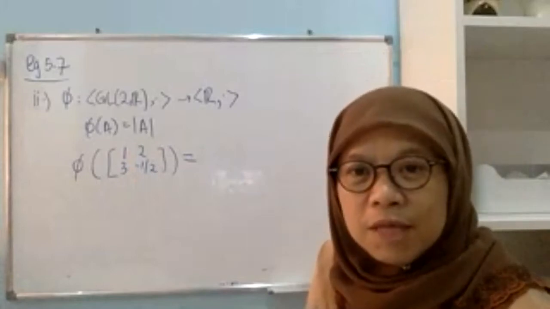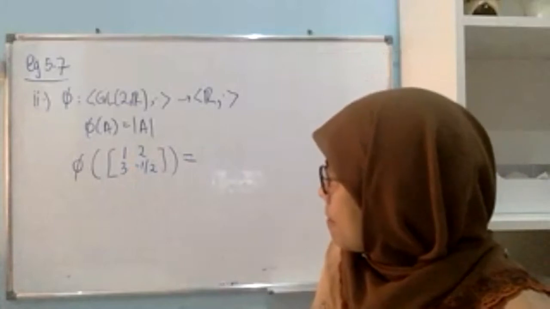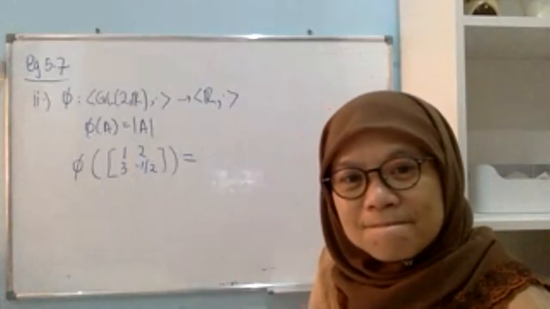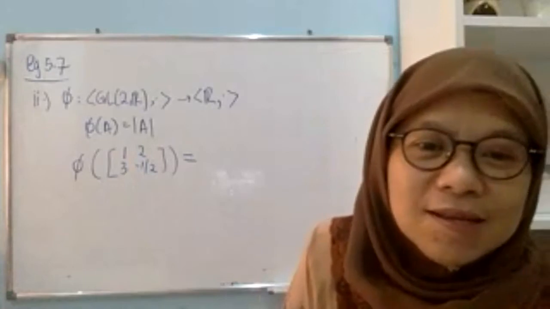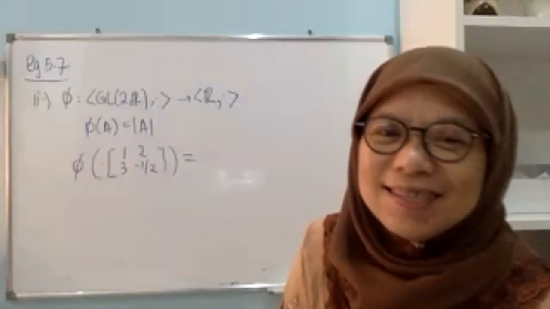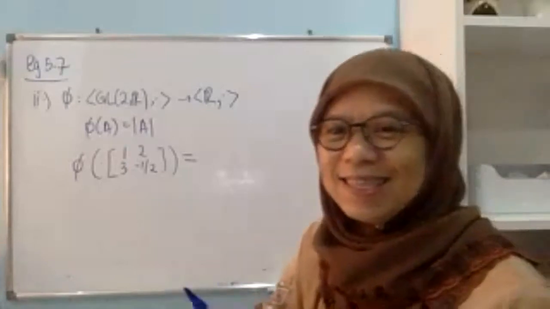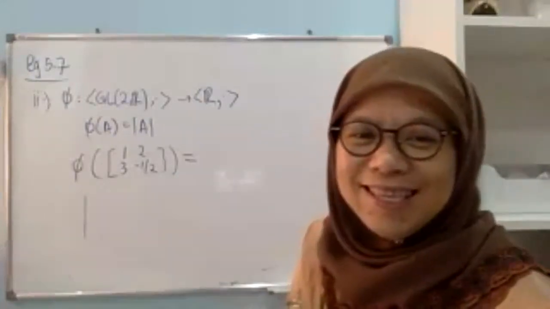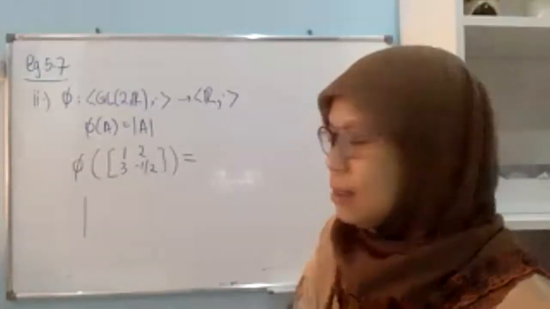Can somebody give me the answer? Vian, can you give me the answer? Negative 30/2. Okay, wait, Tan. Vian, do you remember how to find the determinant of a 2 by 2 matrix?